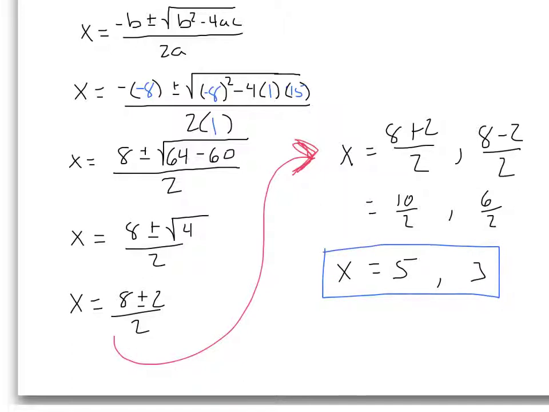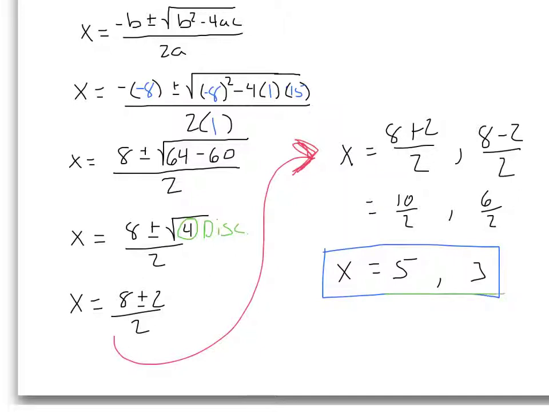Now, something to pay close attention to. What was the discriminant here? What was our discriminant in this equation? 4. Our discriminant is sitting right here. And the discriminant is positive. So therefore, we know from that moment we should have two real solutions.